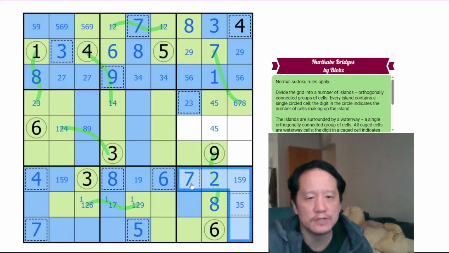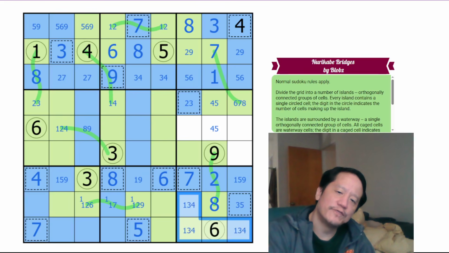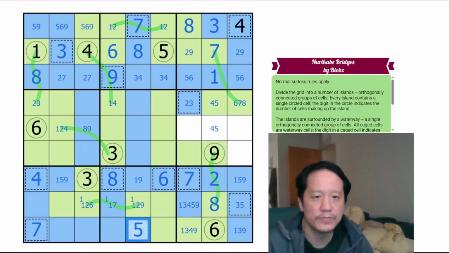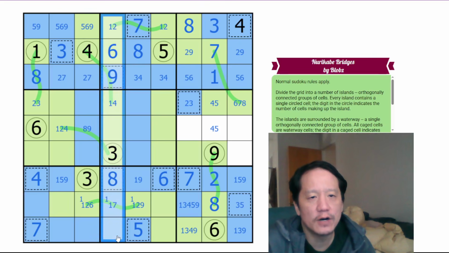Remaining digits of this lower central box. 4 can't be here. Okay, so remaining digits are what? 1, 3, 4, 5, 9. This can't be 4 because of 4 in the column. No 5 here, no 5 here because of 5 in the row. Remaining digits of column 4 are 1, 2, 4, and 7.